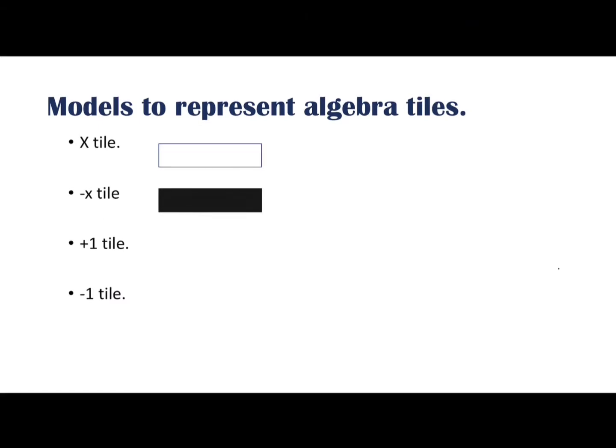And for the constant number, the positive 1 tile, we just have one plain square. And for the negative, we will have a darker small square.